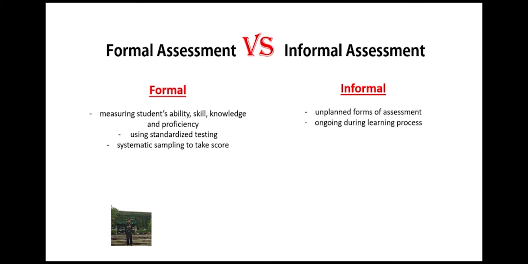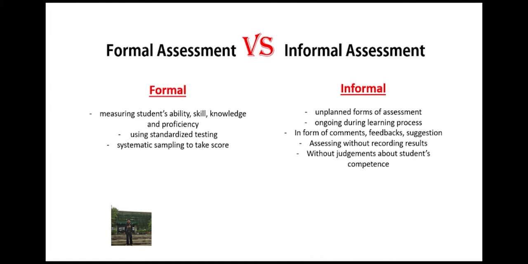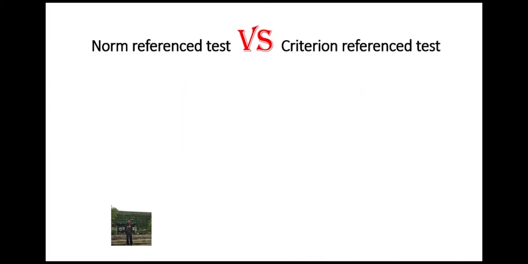It is done during the learning activity and can measure students' performance and progress. It can be in the form of comments, feedback, suggestions, responses. Informal assessment also does not record results or even scores and does not judge students' competence.